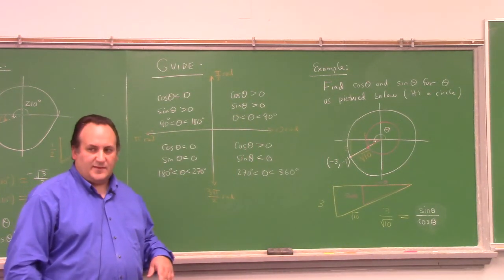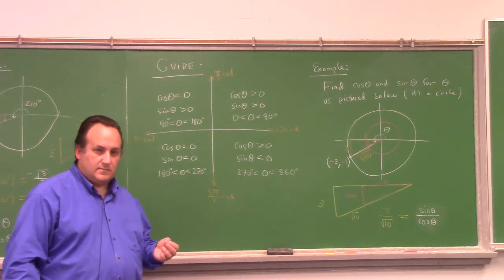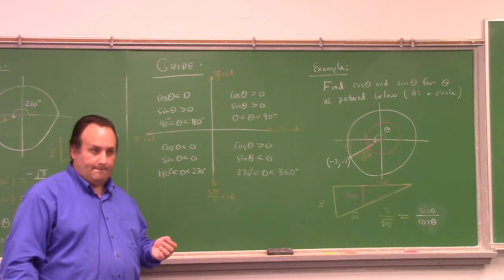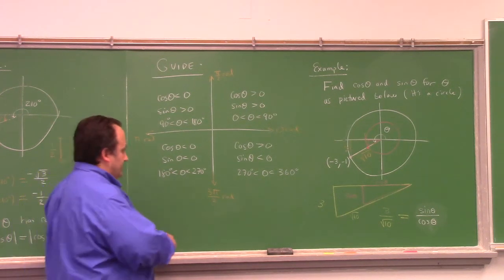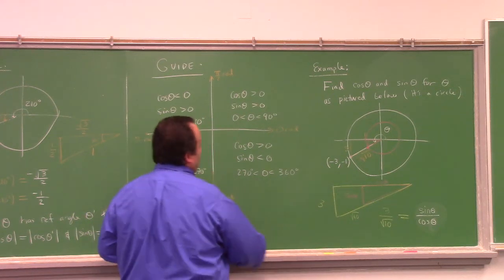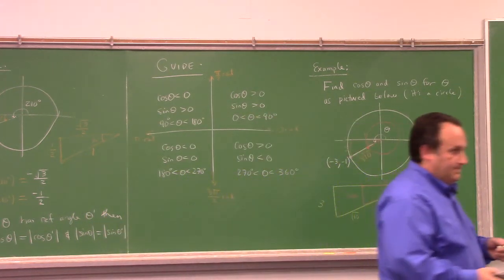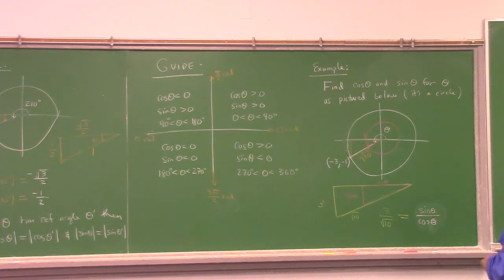You're like, well, that doesn't let me figure out, but what else do we know? We know x squared plus y squared equals 1, or more to the point here, sine squared theta plus cosine squared theta equals 1.